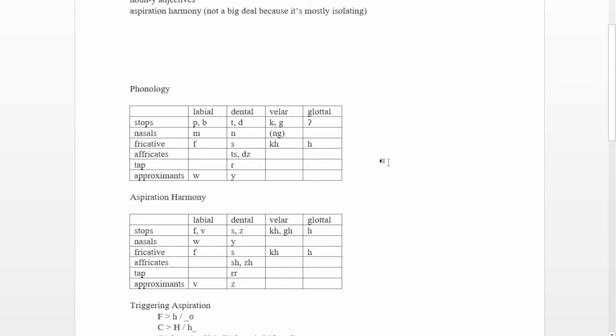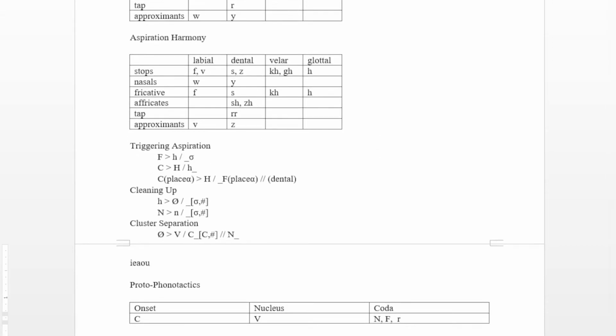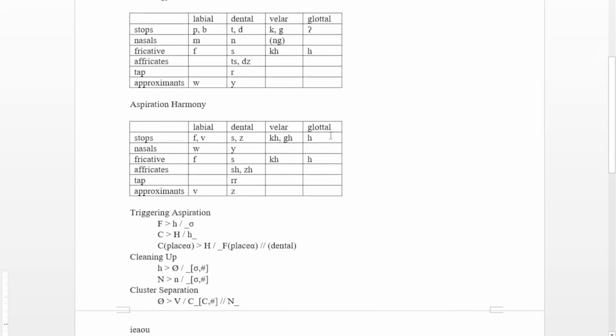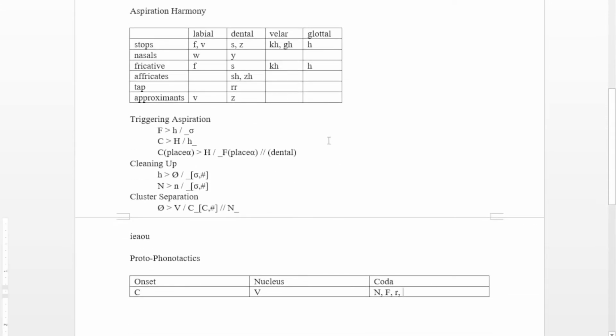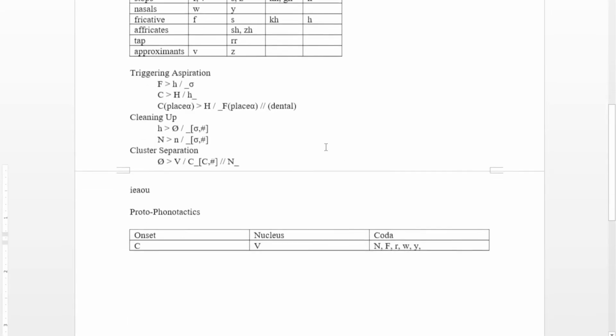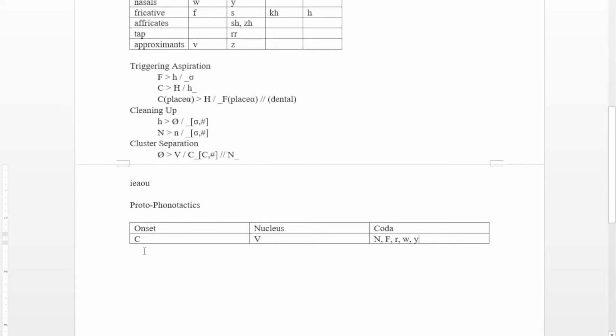And then what else do I want? I'll let R be a coda. Do I want approximants? Approximants kind of would be turning into like an ow would become ow and I and things like that. Yeah, I don't mind that. We'll have those. Nasals and fricatives, approximants, tap. I'm okay with that. I think that's where we're at.